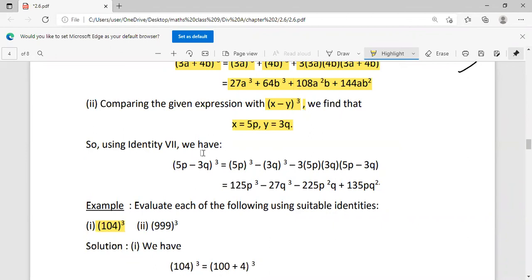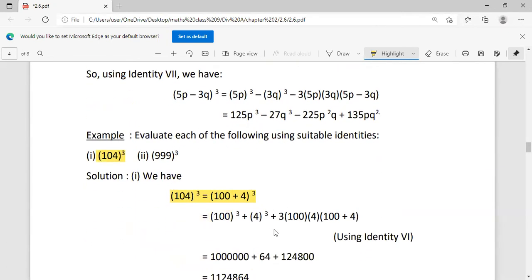In the same manner, instead of 104, we are writing it as 100 plus 4 whole cube. Now we can directly apply identity 6, because x is 100 and y is 4.